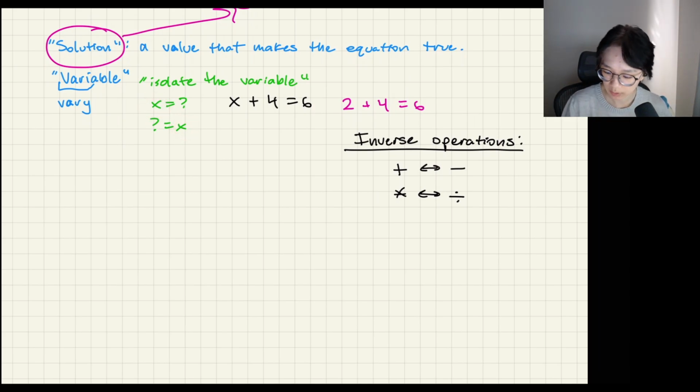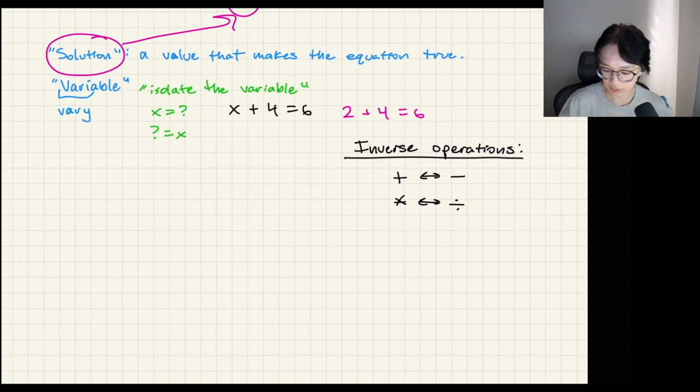That's the goal. Here, there's x on one side of the equal sign. What else is here? There's a plus 4. How do we get rid of that plus 4? We do the inverse operation. We subtract. So we subtract 4 from both sides.